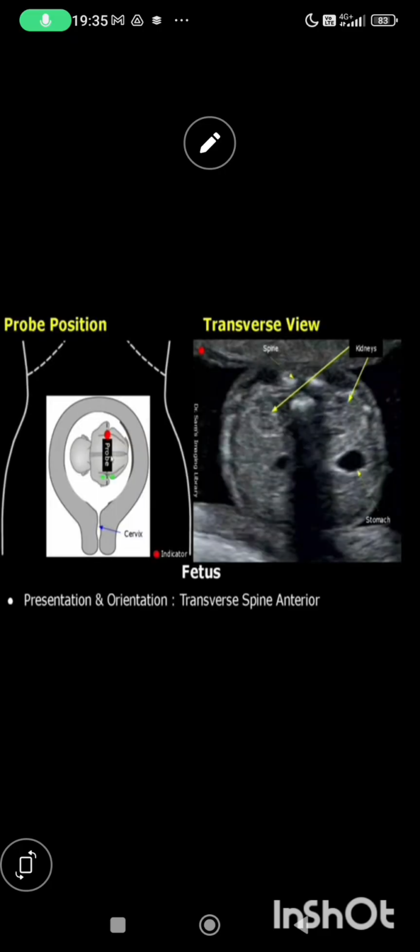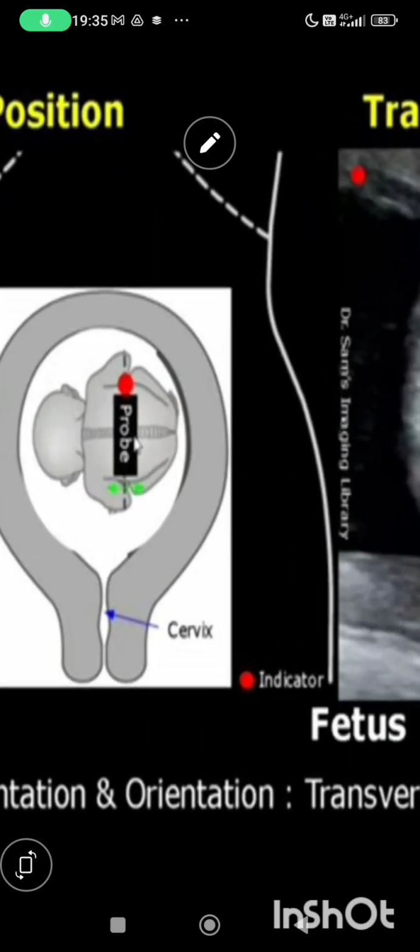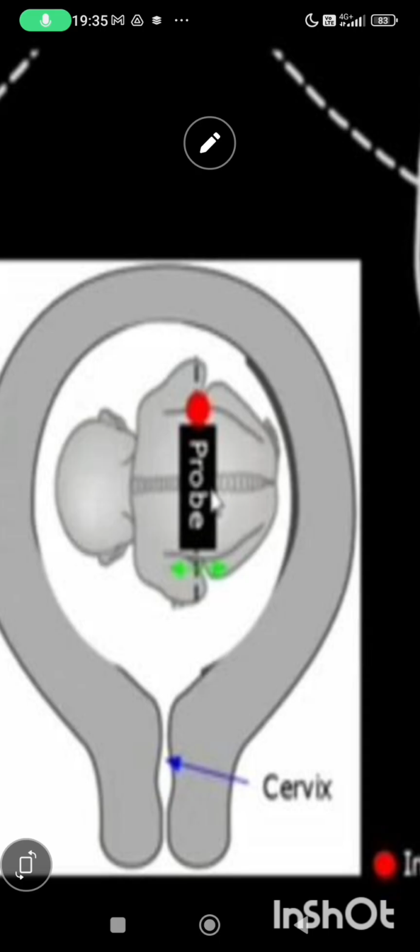Okay, now coming to the transverse lie. Now to get the longitudinal view, like we see the longitudinal view in the cephalic or breech, to get that type of images, here the probe will be transverse. And to get the transverse section of the chest and the abdomen, now we have to place the probe like this, longitudinally.